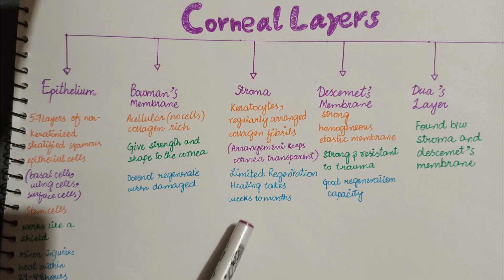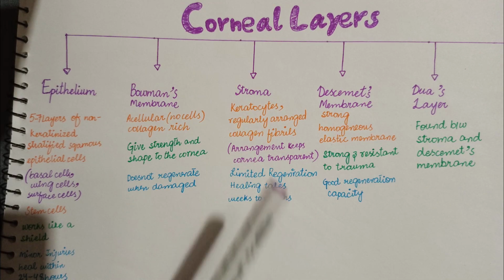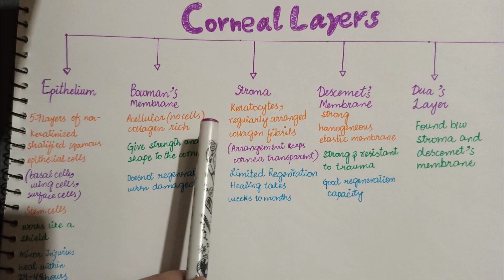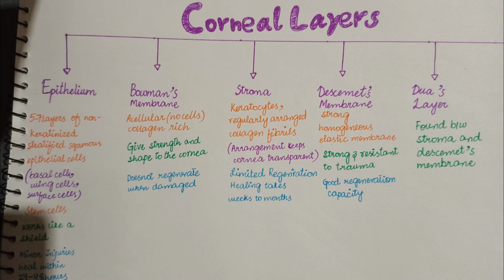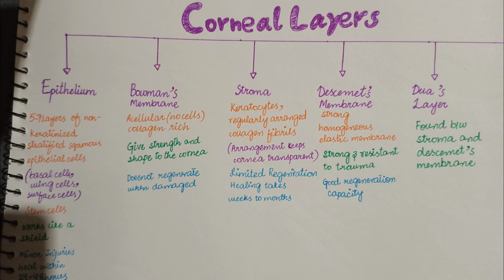It is the thickest layer of the cornea, and special cells known as keratocytes are present in this layer. This layer consists of collagen fibrils that are regularly arranged. This arrangement keeps the cornea transparent. Stroma has limited regeneration capacity, and healing of the stroma takes weeks to months.